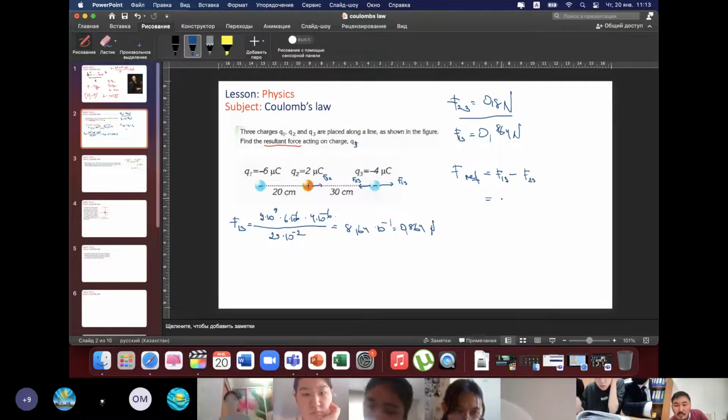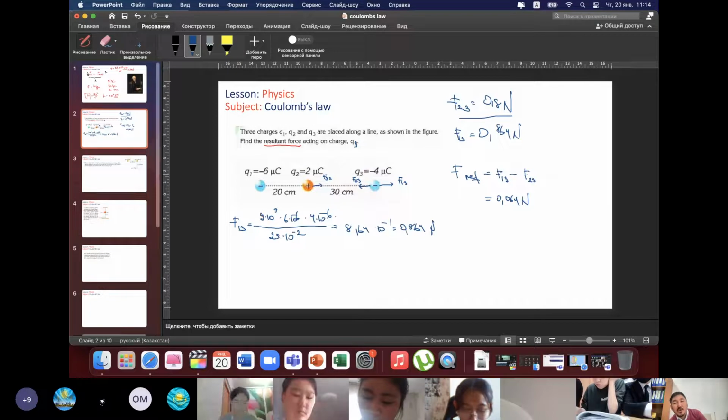0.164. 0.0 64. What will be the direction of this force of F net?